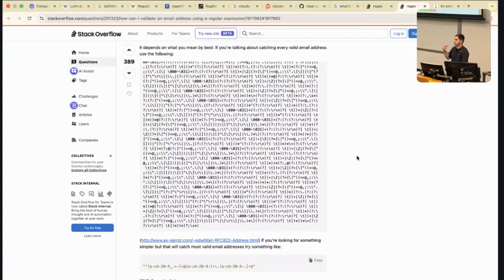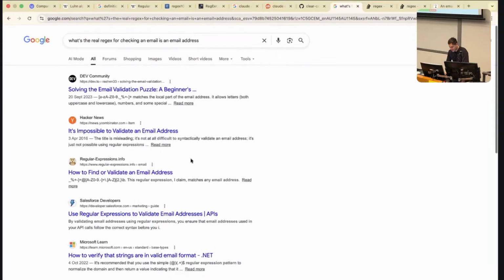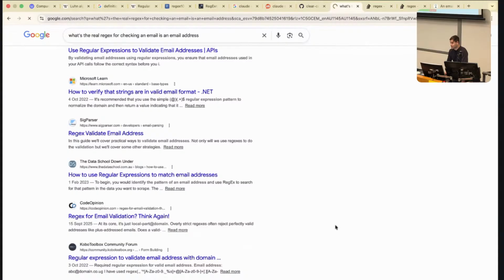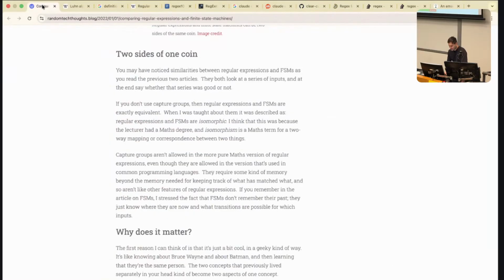Email goes back a long, long time. There are lots of weird things you can do with emails. It turns out, to do it correctly, I think it's even true that regex is not powerful enough to do it. There are probably some great articles on it. But for most things, regex is very useful, even for something like an IP address.